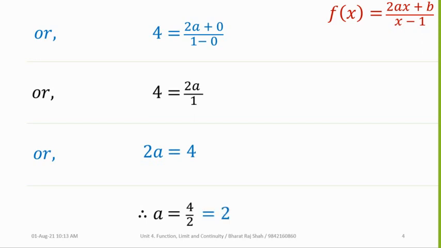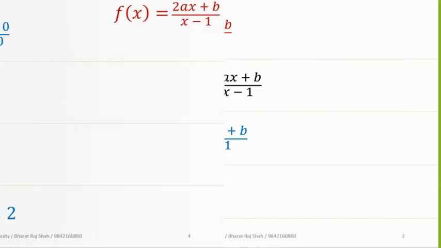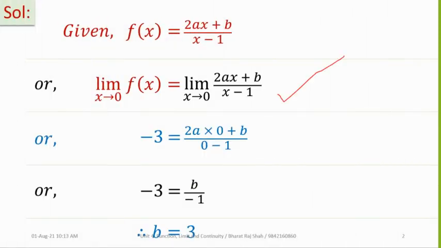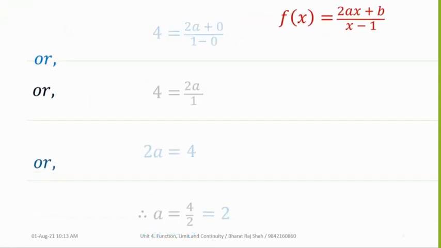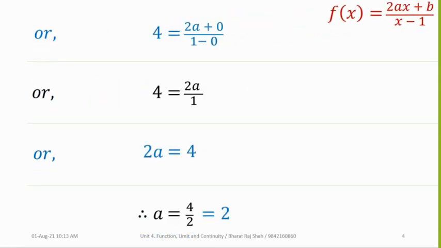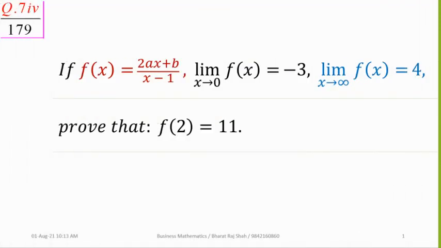That is 2. So in the previous slide, we got the value of b as 3, and now we have got the value of a as 2. And the question had asked us to prove that the functional value at 2 is equal to 11. So now we have to use this function.